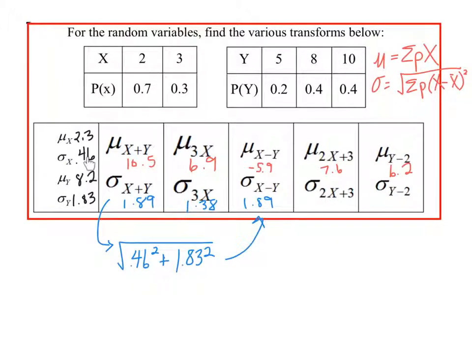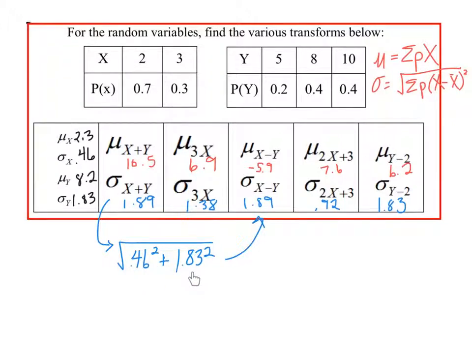You know, 0.46 multiplied by 2 is 0.92. And then adding 3 doesn't change anything. So we simply multiply the deviation. And finally, taking our random variable and subtracting 2 does not change the deviation.